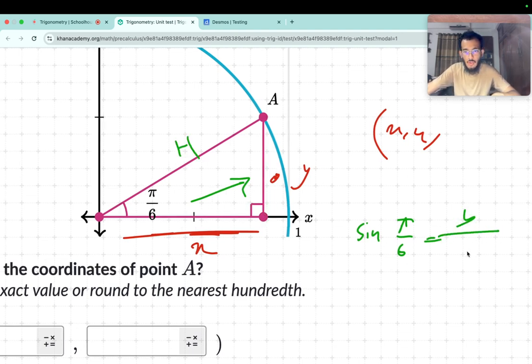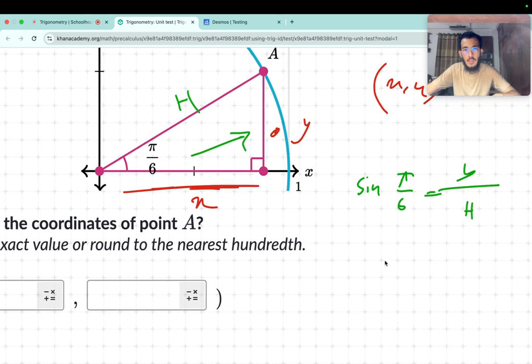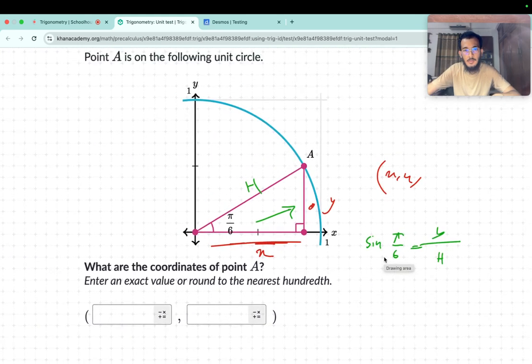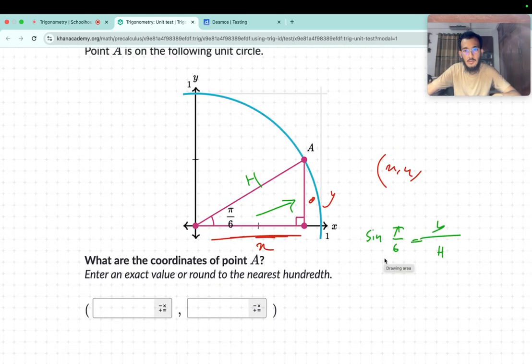Let's say this is h, and we have cos pi by 6 equals adjacent, which is x, by h.